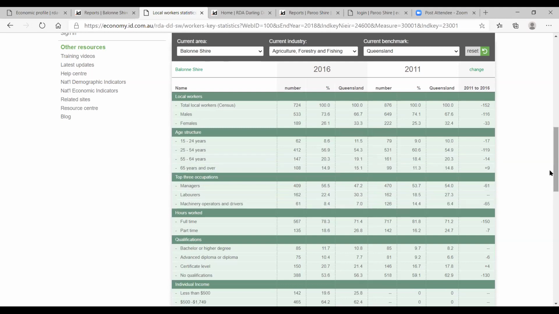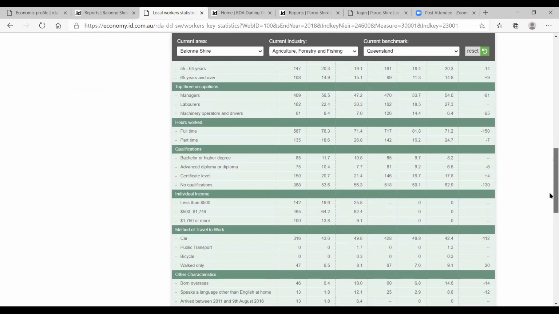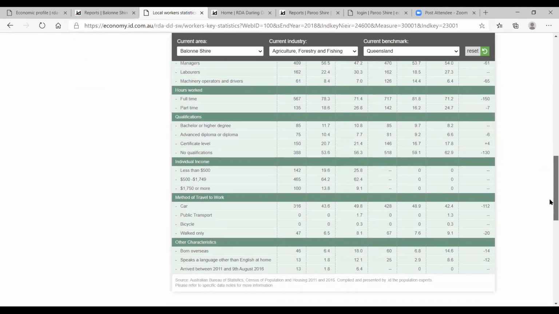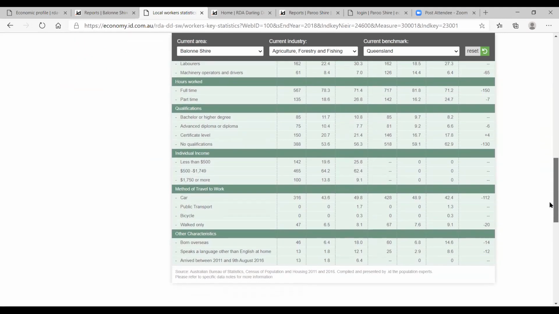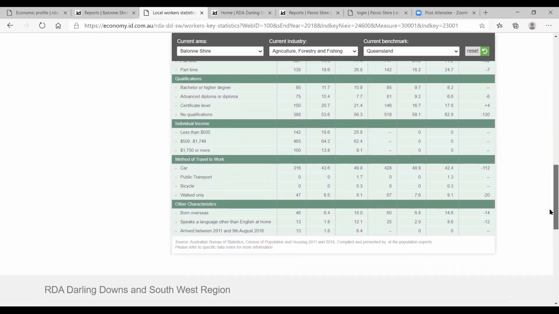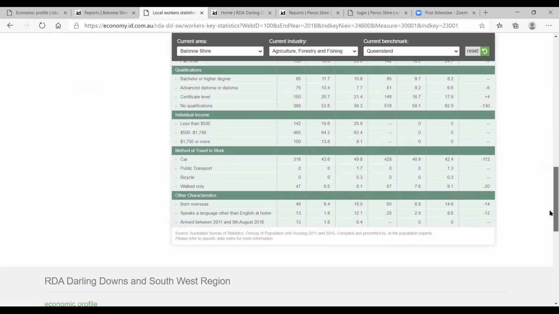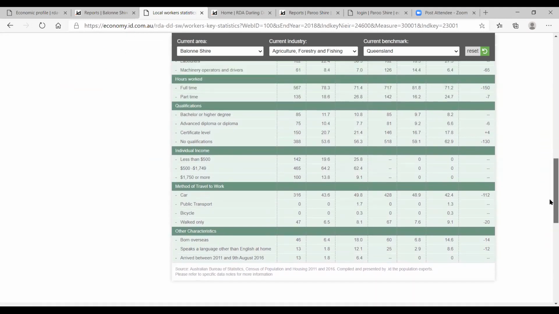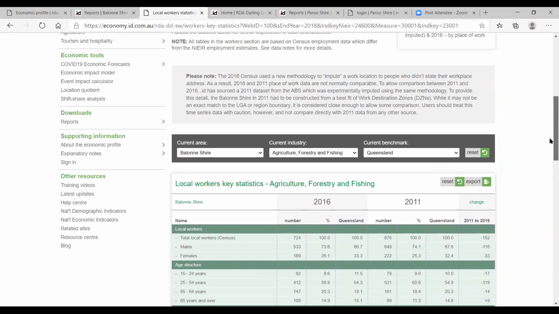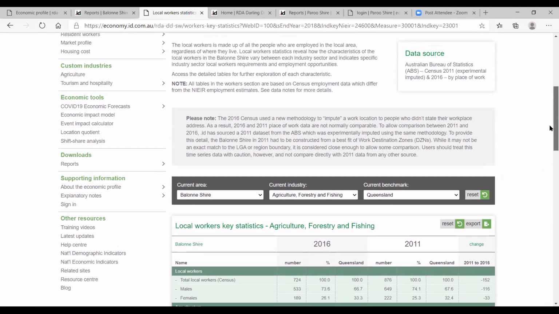It will talk to me about what sort of jobs they have, what sort of qualifications people working in the ag sector have, what are they earning, how do they travel to work, were they born overseas, do they speak a language other than English at home, all of these sorts of things. So you can keep a real eye on how that's changing over time as well.